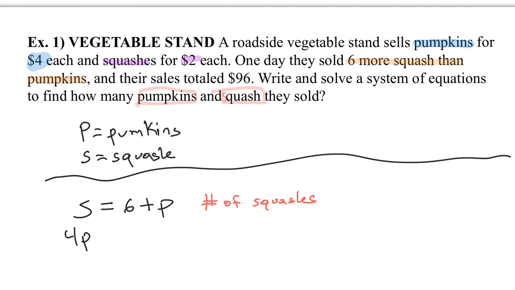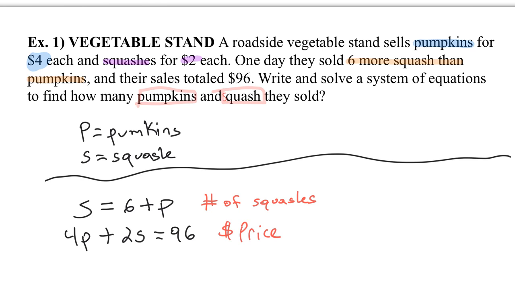That's how you find the total amount you have to pay for pumpkins. Plus, and squashes is $2 each. So I'm going to put 2 times S equals the total amount, $96. So we have 96 right here. And let me just put a little note. This is the money, which means the price of the vegetables.